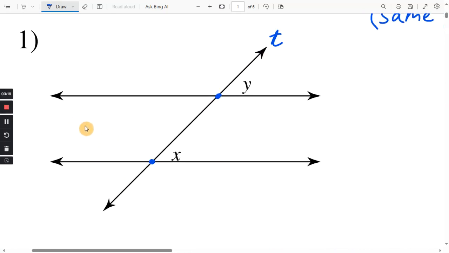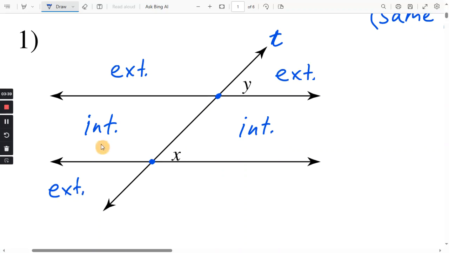So in between these lines, this is the interior right here. And outside, that's the exterior. Right here is the exterior. Down here, below the two lines, this is the exterior. And this is the exterior, because the interior is in here and the exterior is outside.